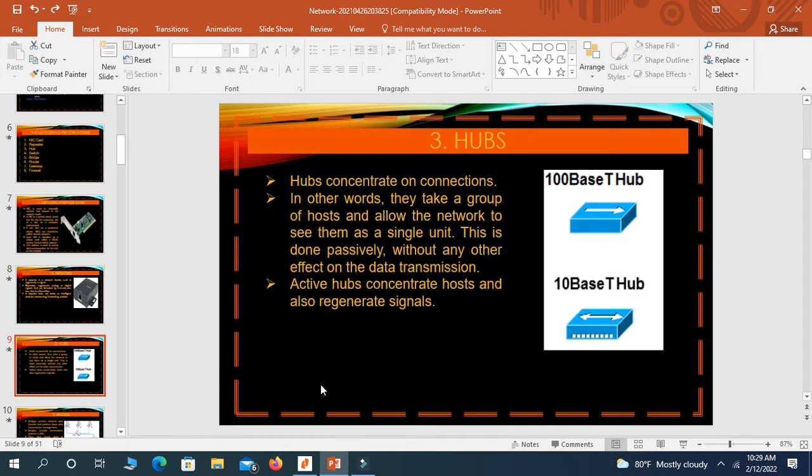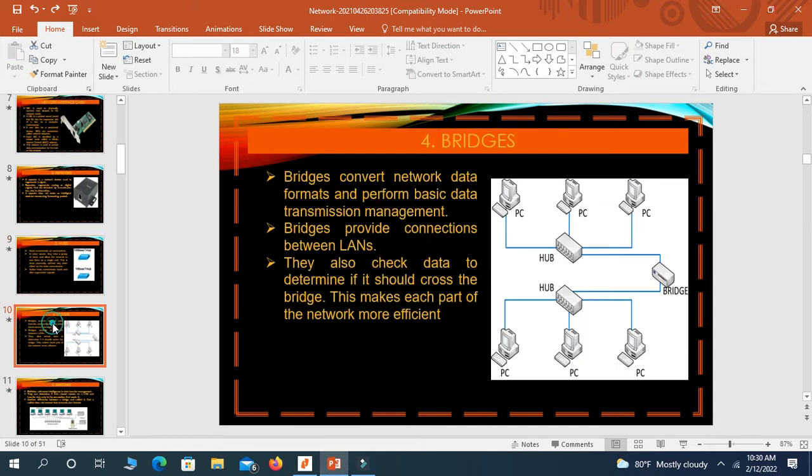In this case also, we are telling that hubs concentrate on connections. I hope this part is also understood.